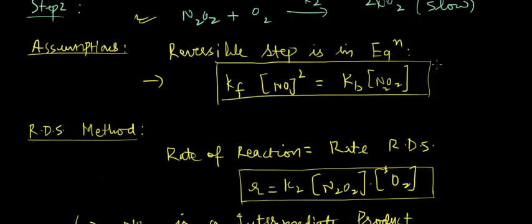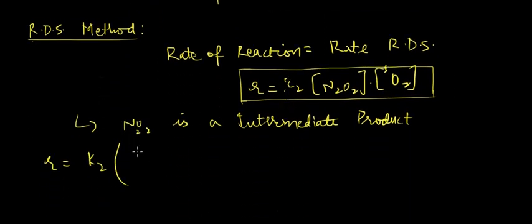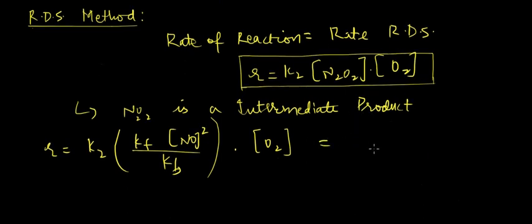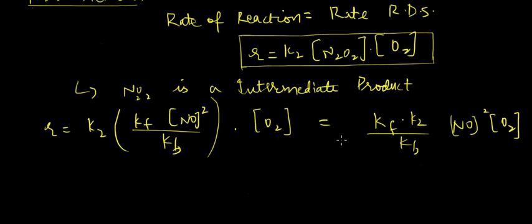For N2O2 we can substitute the value from the equilibrium expression, which is Kf [NO]^2 divided by Kb. Multiplied with [O2], this brings us to Kf K2 divided by Kb times [NO]^2 and [O2]. So this would be the rate of reaction.